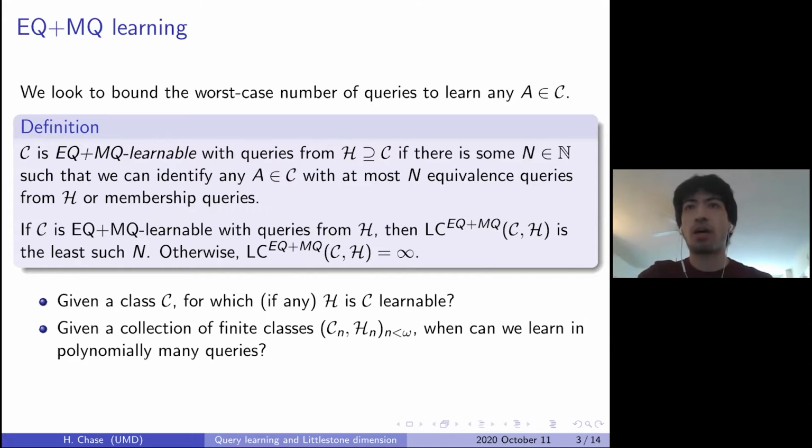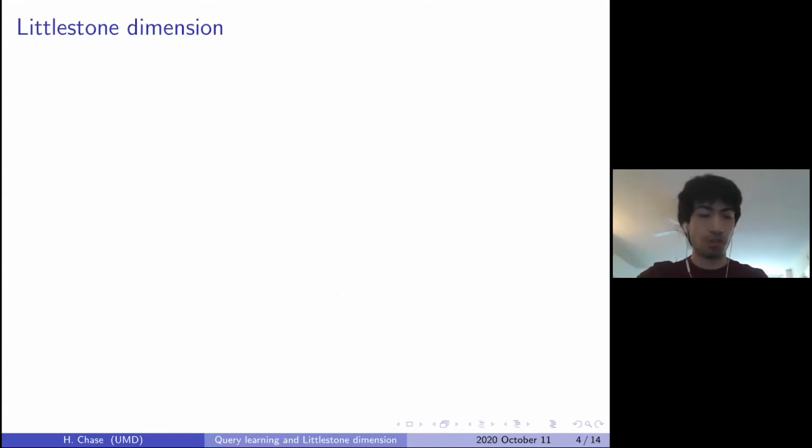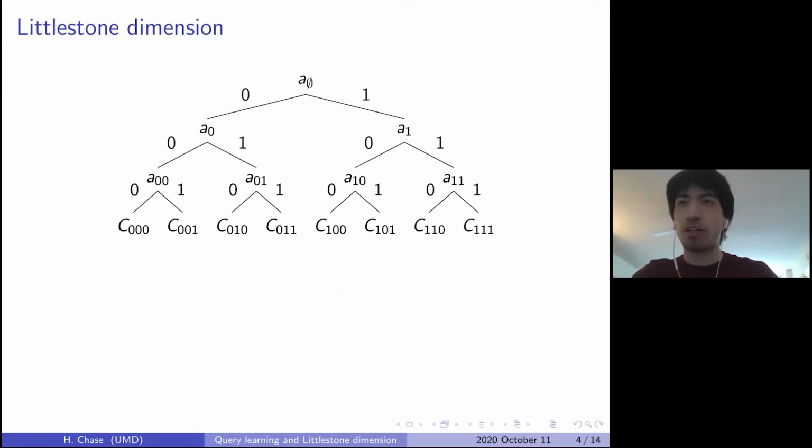Okay, so let's talk about some parameters that are useful here. The first is Littlestone dimension, and I'll remind you briefly what it is. We have this binary element tree.